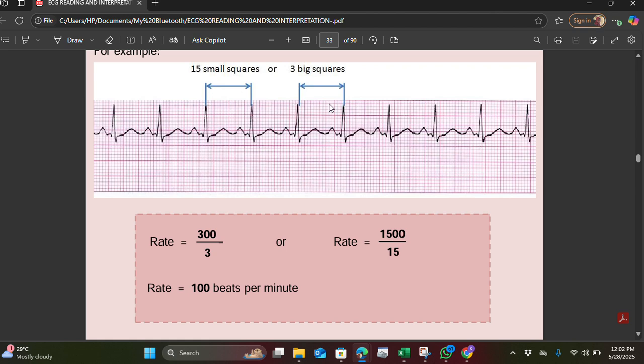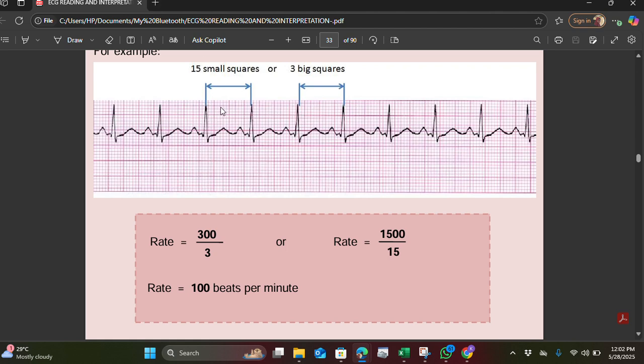But I'll advise you to use small squares, because that way you'll be able to count all the other small boxes that sometimes were not enough to make a big box. So it's better to use small boxes in order to be more accurate.